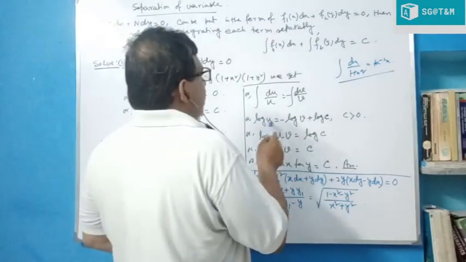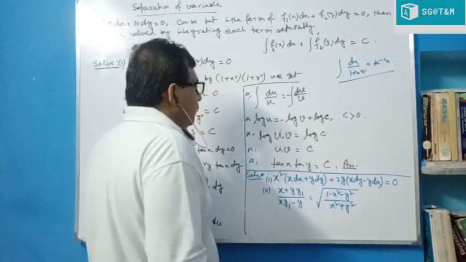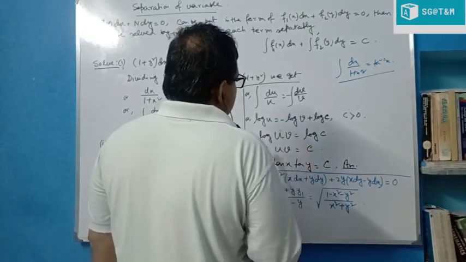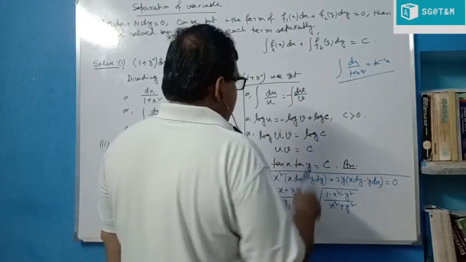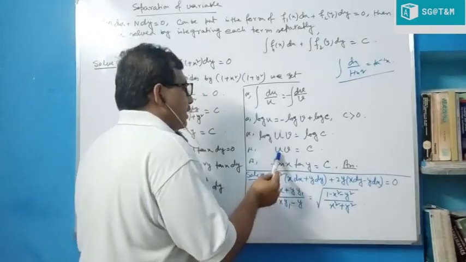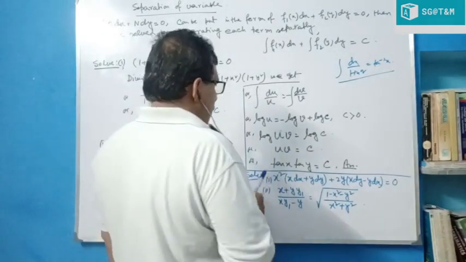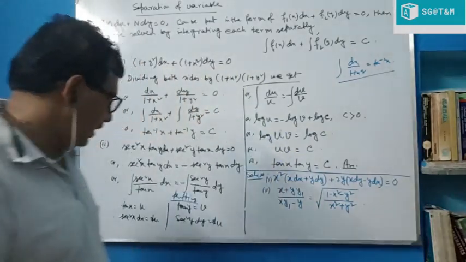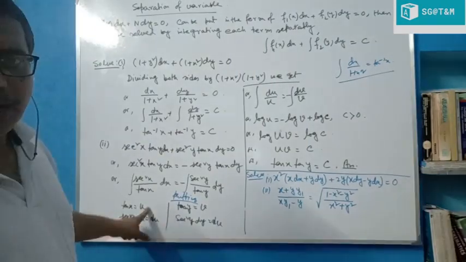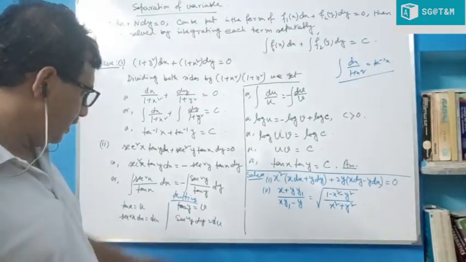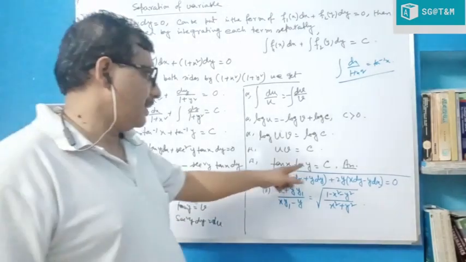Take it to the left hand side and use the property of logarithm: log u plus log v, that is log of uv, is equal to log c. Taking anti-log, we can write uv is equal to c. Put the values of u and v: u is nothing but tan x and v is nothing but tan y. So tan x tan y is equal to c.